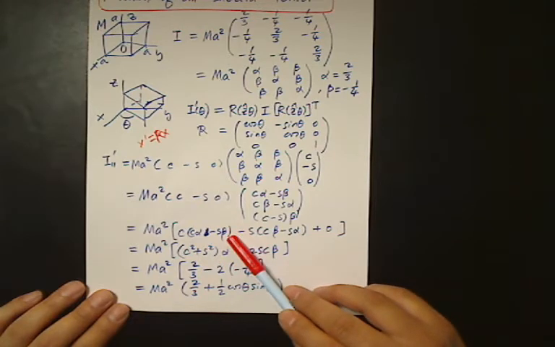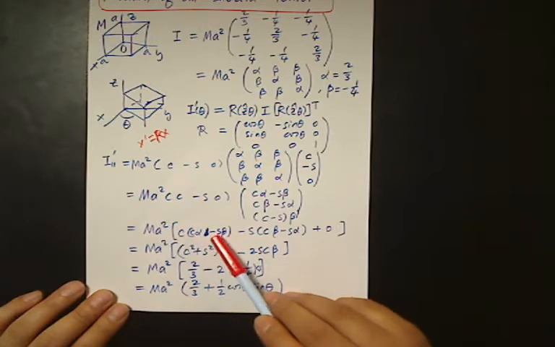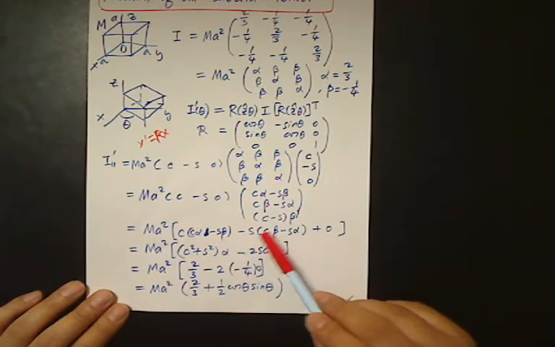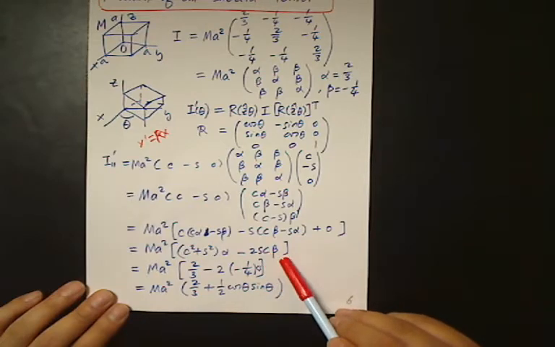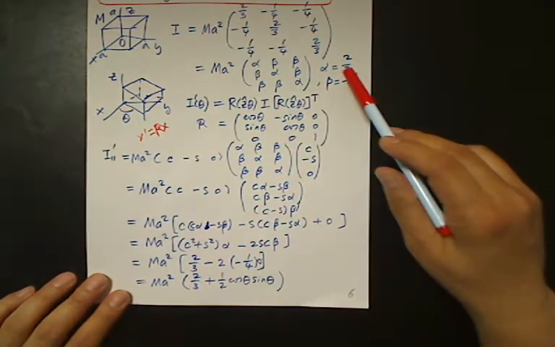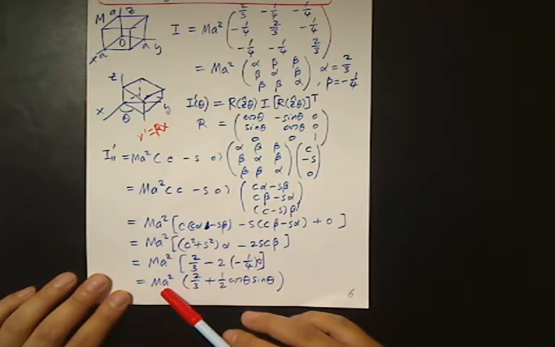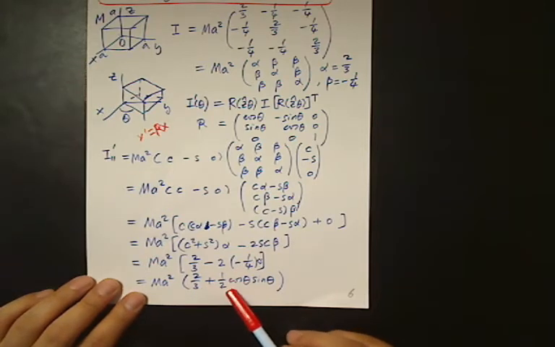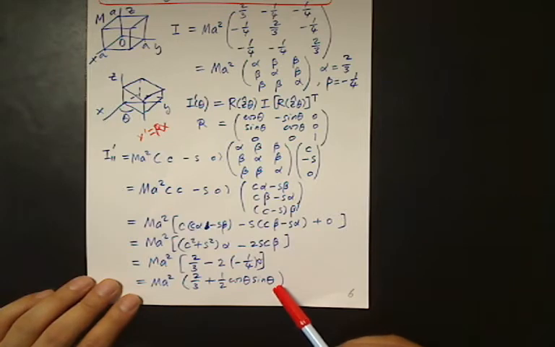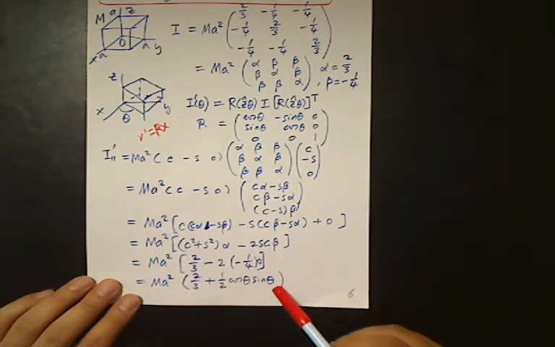Next, the beta-dependent first term is minus cosine sine and minus cosine sine, so we have minus 2 cosine sine beta. We substitute alpha and beta written in here to find that the 1 1 element is ma squared multiplied by 2/3 plus 1/2 cosine sine. As we have seen, the 1 1 element depends on the angle.